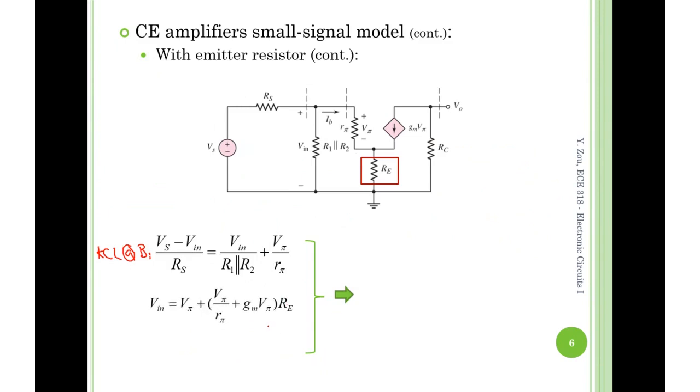And besides, this is the equation we just saw from the previous page. This is nothing but the KVL in this loop, plus the output equation like this.